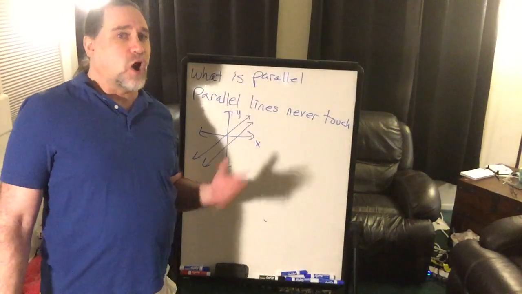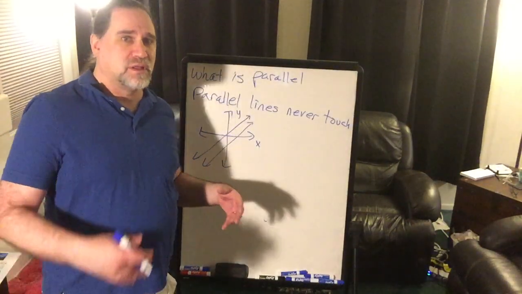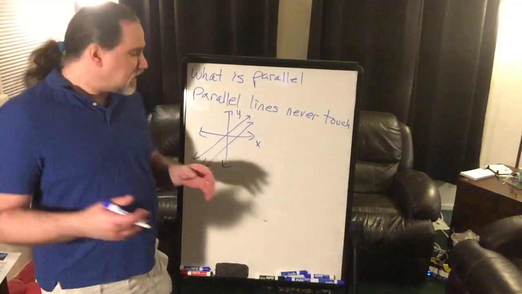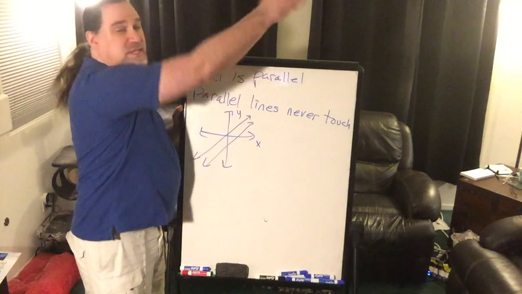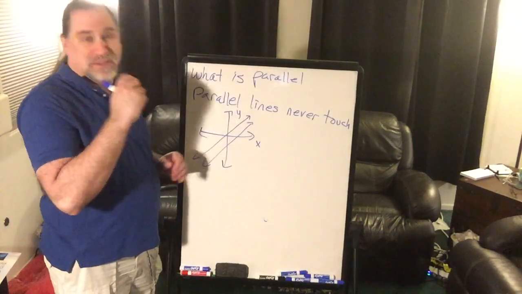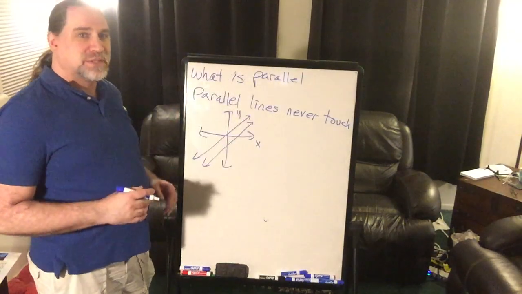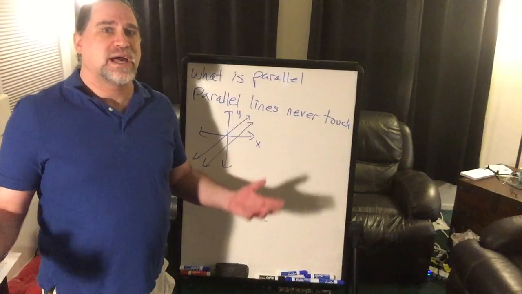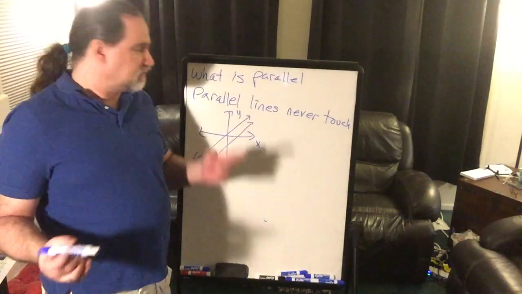But if I said, are they parallel, you'd say, how do you check? How do you know that maybe thousands of feet that way, these two lines are eventually going to come together and intersect and then cross over? It's such a small thing I can't visually tell. So how do I know if two lines are parallel?